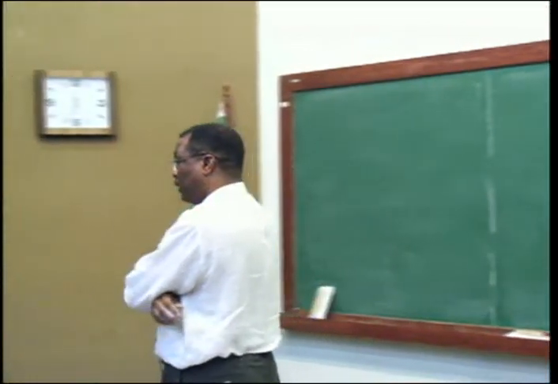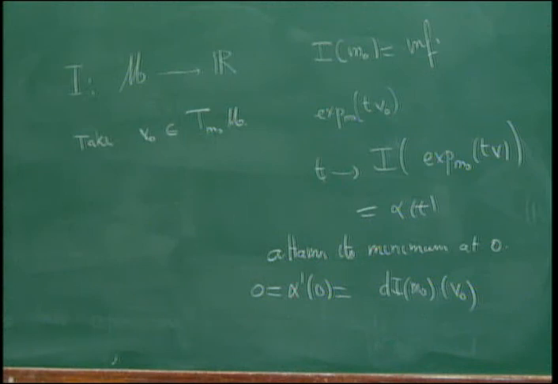Jordan, Kinderlehrer, and Otto, who were the first people to connect the Monge-Kantorovich theory to PDE, also made this computation. At that time, we didn't know what the geodesics on the set of probability measures were.